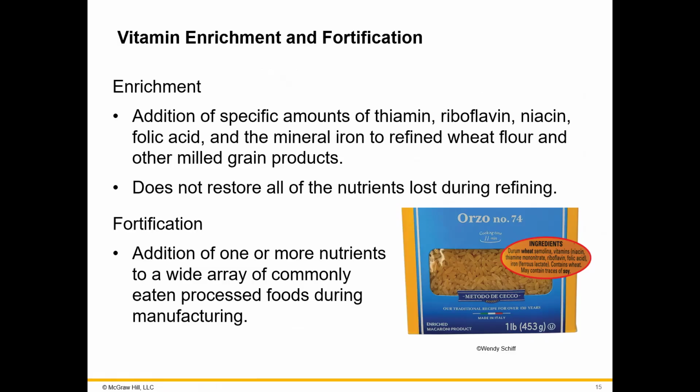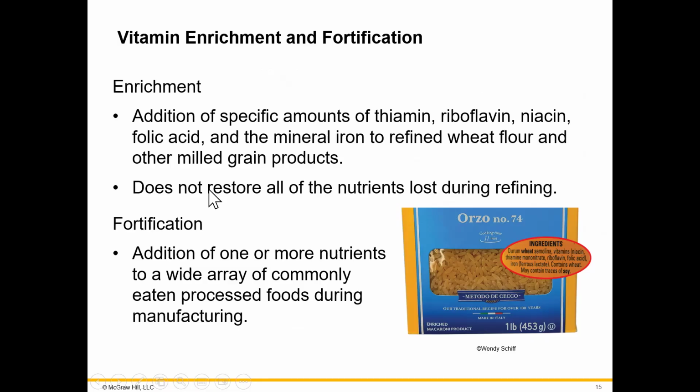Some common examples of fortification here in the United States are whole grain foods being enriched with folic acid to prevent birth defects. Our milk supply being fortified with vitamin A and vitamin D, orange juice being fortified with vitamin D, those kind of things.